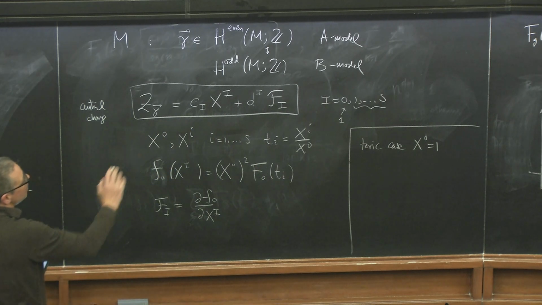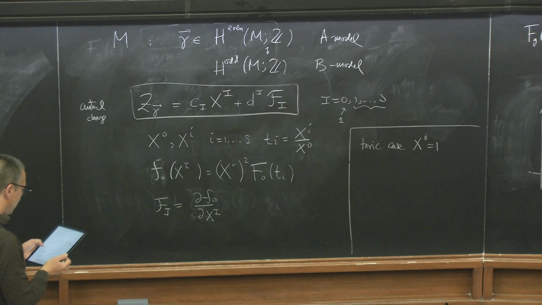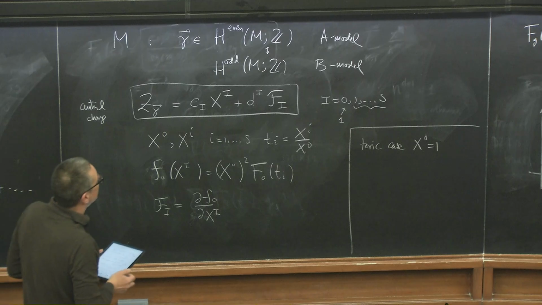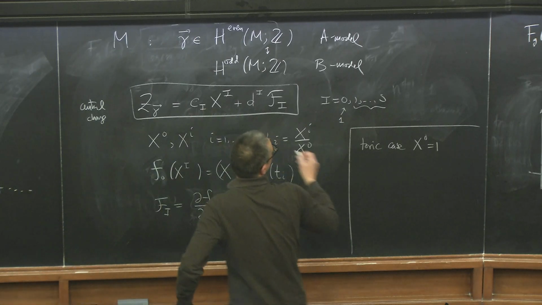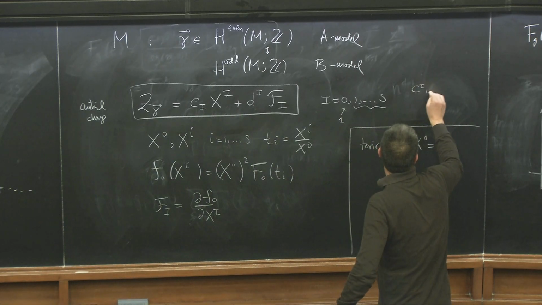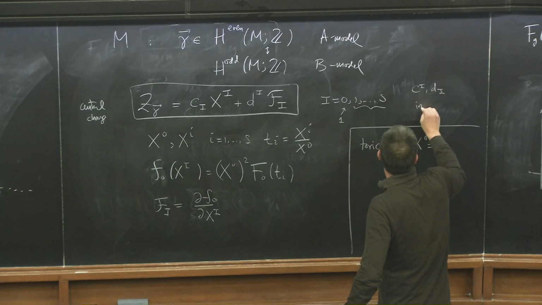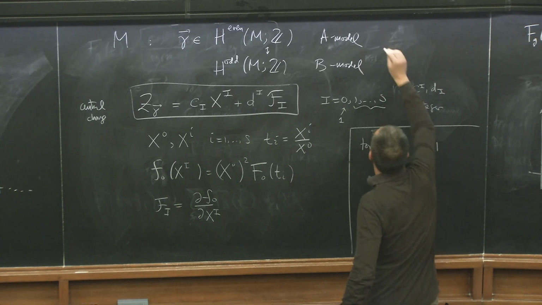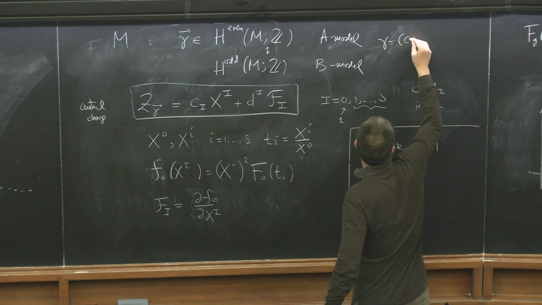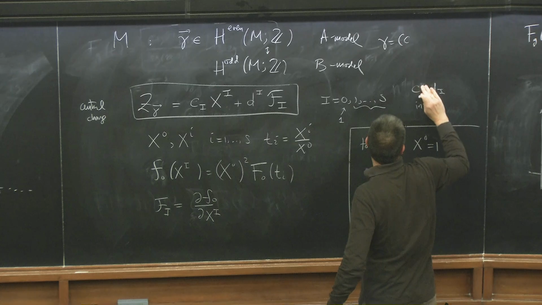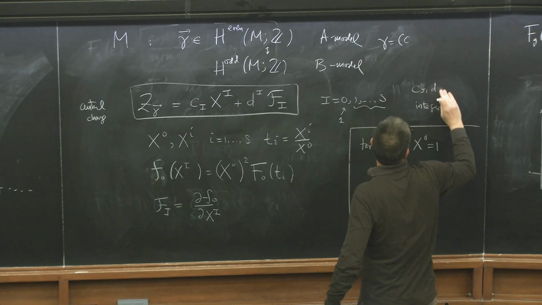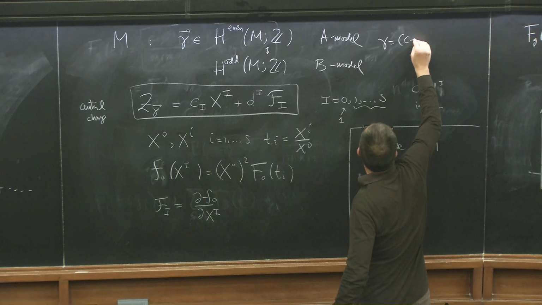But in general, this is the picture that you have in general Calabi-Yau manifolds. And now you can think about Ci and Di as essentially integers, okay? So you can think about the gamma as being a collection of integers. And this is what appears here, okay?